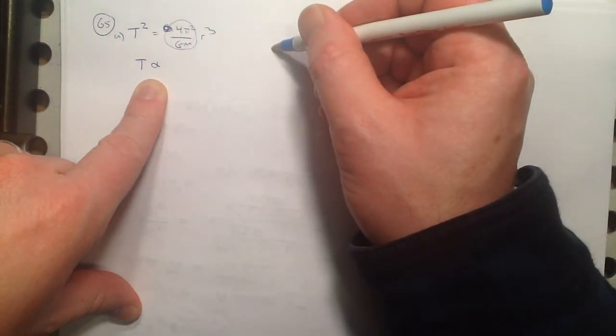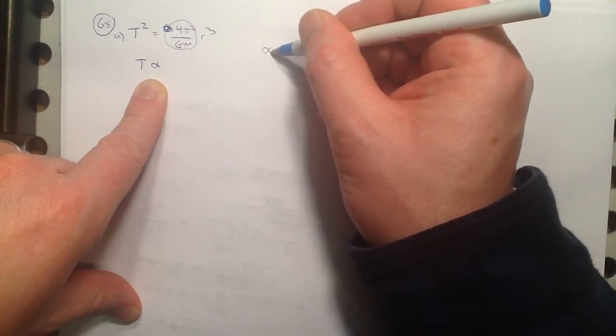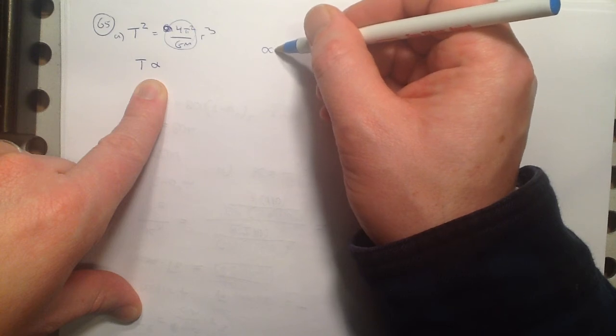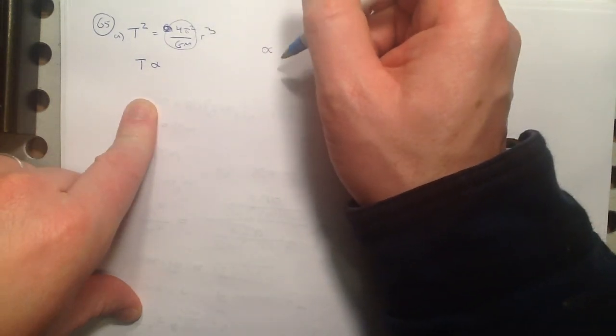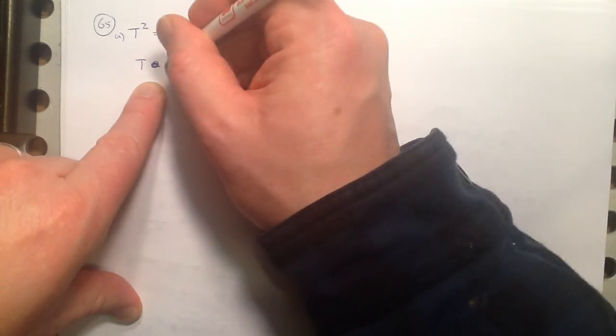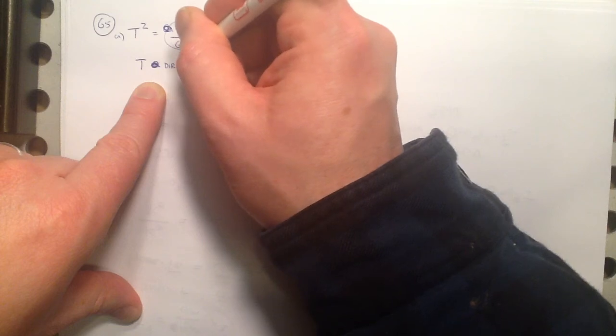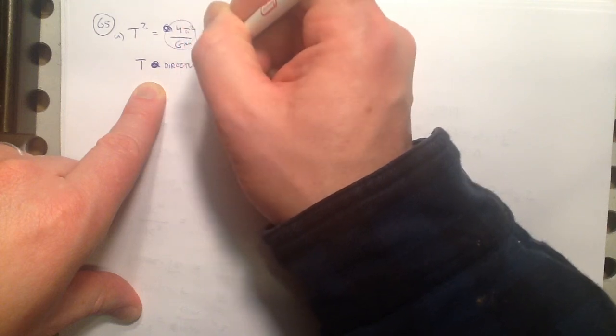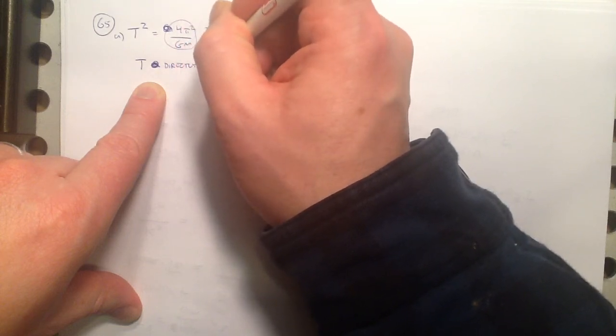It's more like an infinity sign with half of it cut off, and it means directly proportional to. But I won't use that because we don't usually use it from other math. So T is directly proportional to, if I square root both sides, r to the 3/2.